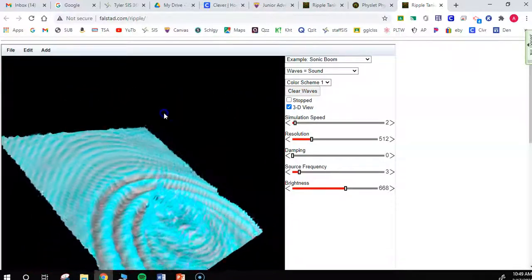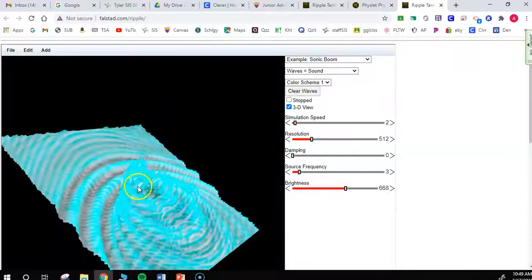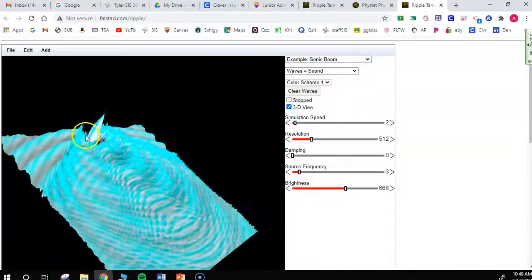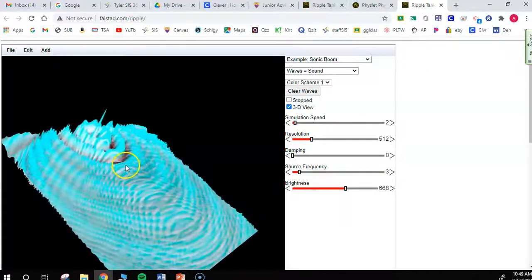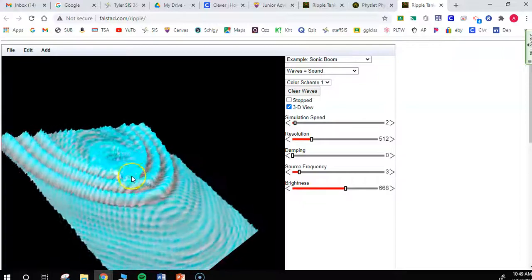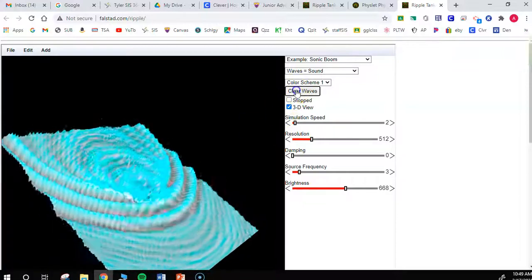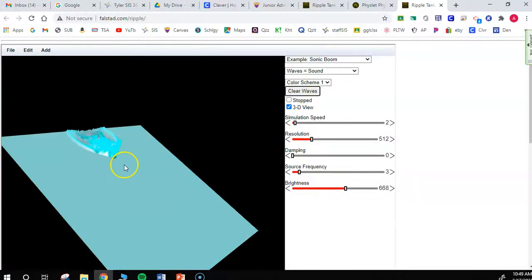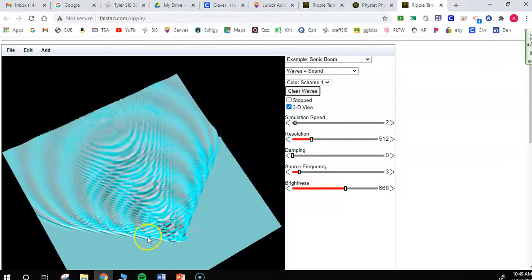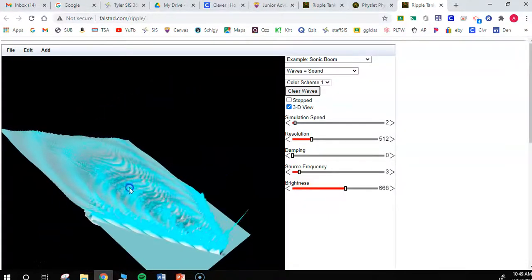You can see in this. So here's the wave source traveling. Here it's reflecting back, and so, there we go. Let me clear the wave. Okay, this is the shock wave that's forming here, and you can see that in this V-shaped region here.